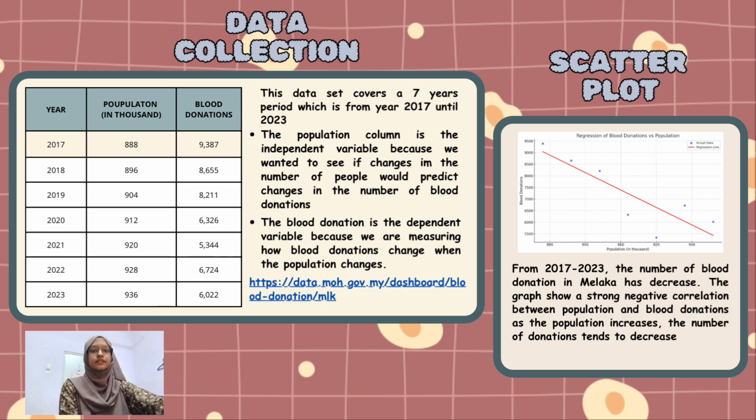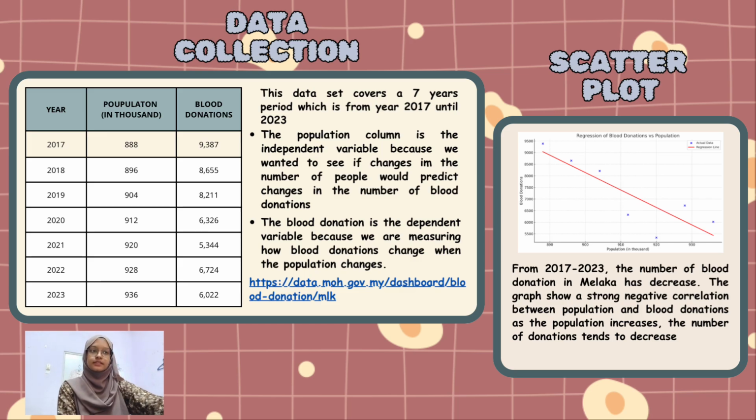Over this 7-year period, the population steadily increased from 888,000 in 2017 to 936,000 in 2023. However, the number of blood donations shows a declining trend, dropping from 9,387 in 2017 to 6,022 in 2023.